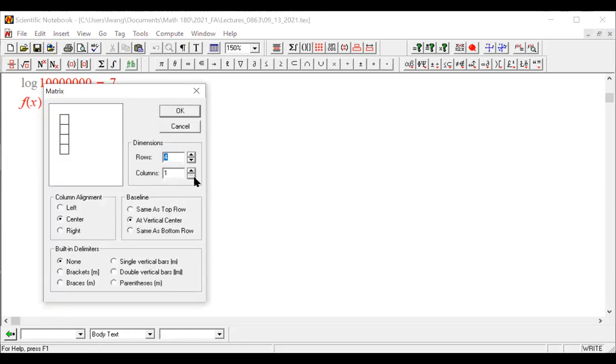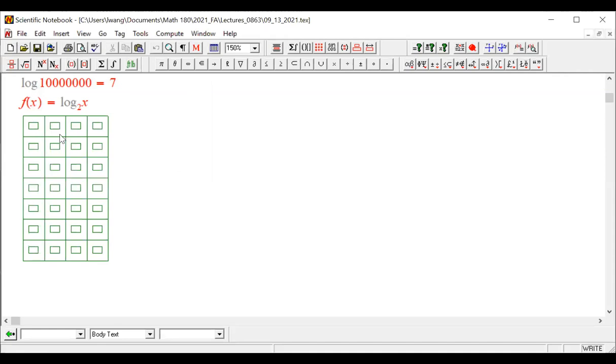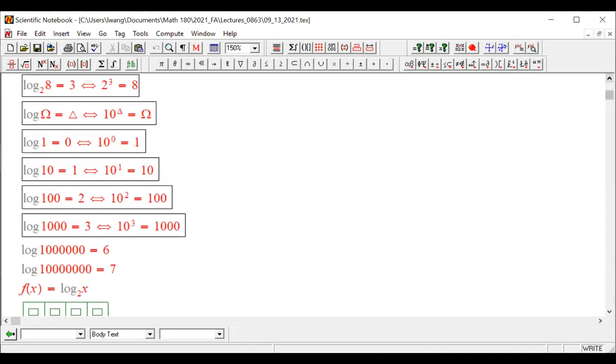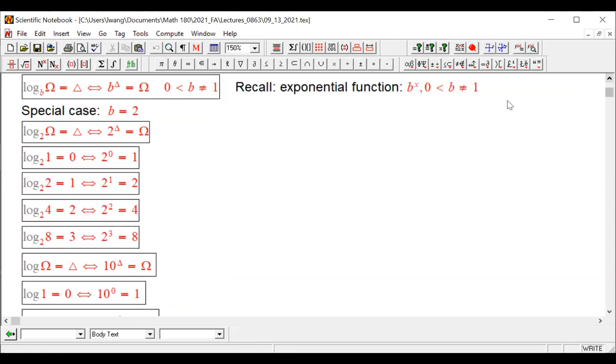We might have to do breakout sessions. New rule, okay? And you can see this new rule is closely related to an old rule, the exponential function.